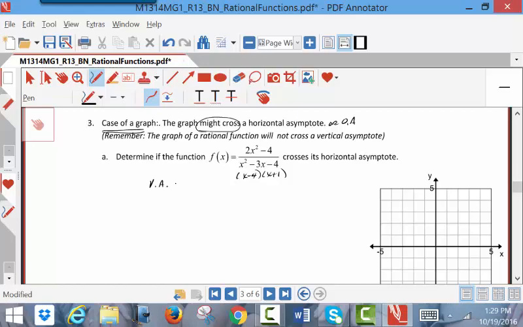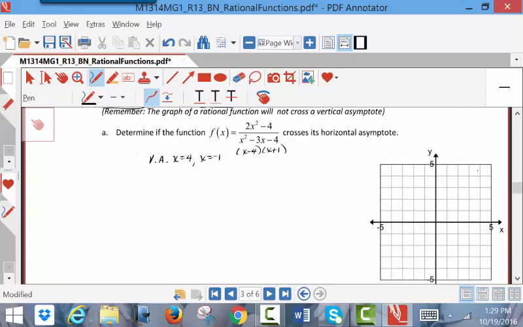So you're going to have a vertical asymptote at x equaling 4 and another one at x equaling negative 1. Like this. Here's your x equaling 4 vertical asymptote, and here's your x equaling negative 1 vertical asymptote. Your graph will never cross a vertical asymptote.